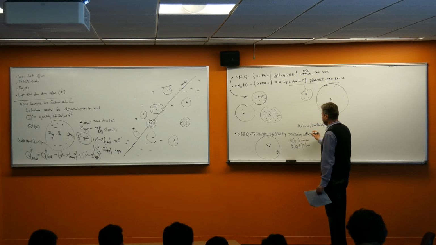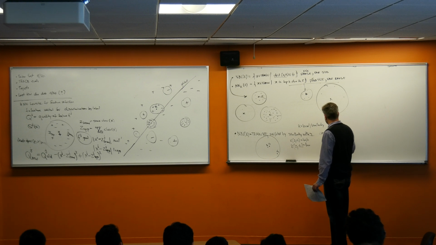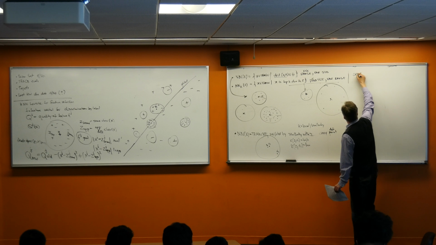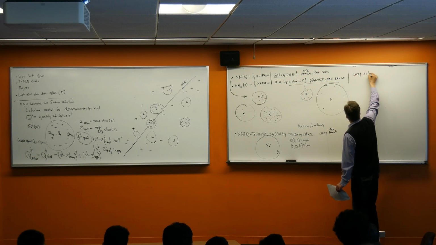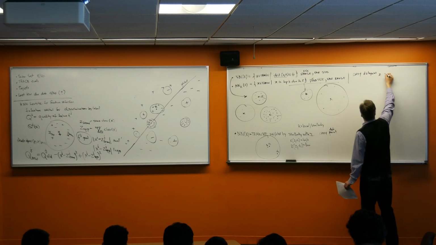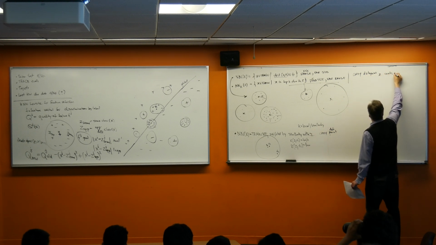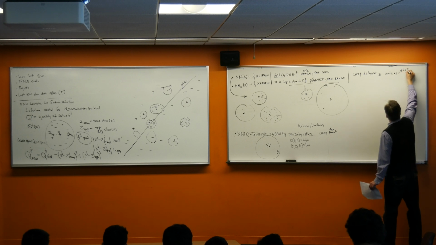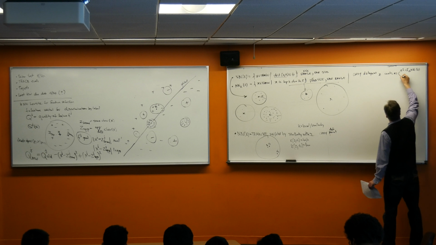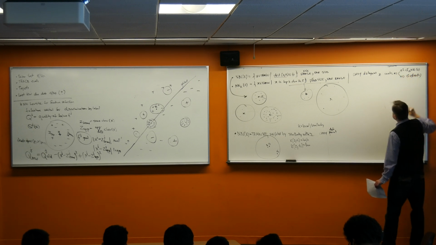So every data point in here that's a neighbor counts as one if in the neighborhood and 0 if not in the neighborhood.